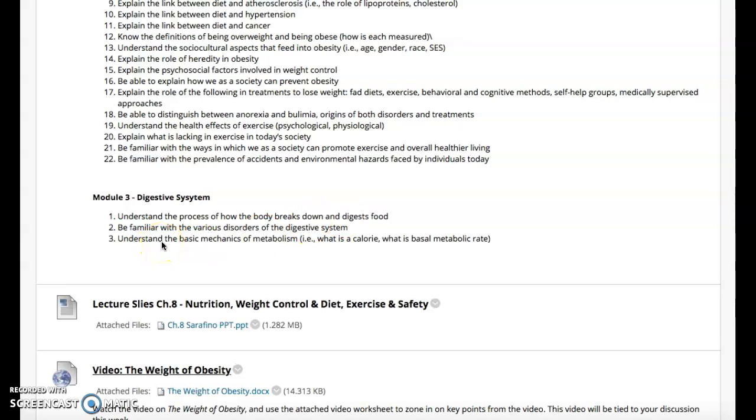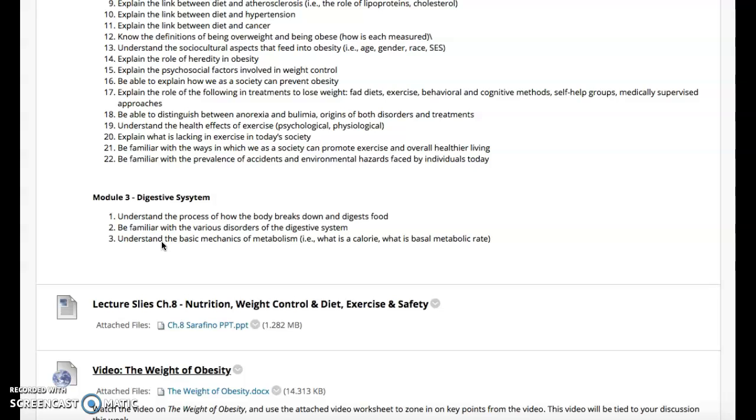All right, and then you have the digestive system. So here again, you want to be able to explain how the body breaks down and digests food. What are the mechanics of that? So understanding and identifying the different parts of the digestive system responsible for that. Then being familiar with the various disorders of the digestive system. What are they? Who's more prone to them?